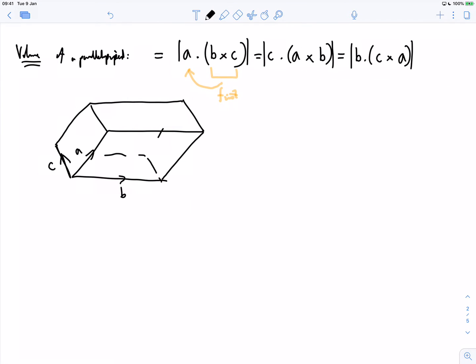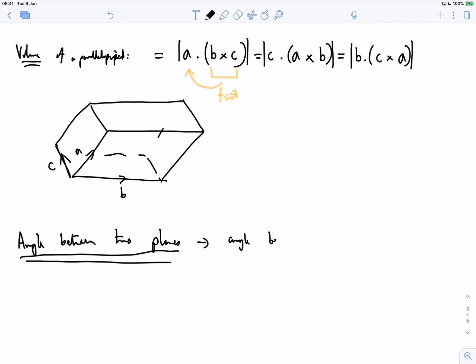I will say this, however. Say you want to find the angle between 2 planes and you have no idea where to start, then what you do is you find the angle between the 2 normals to the planes.